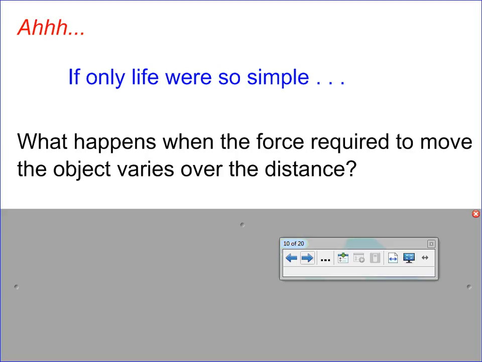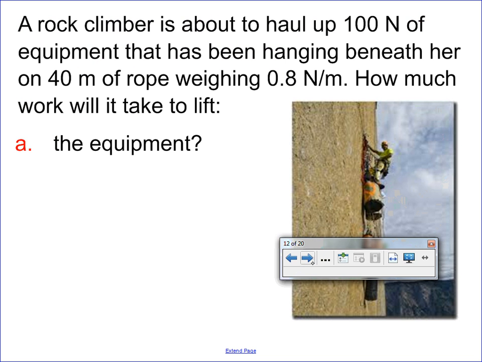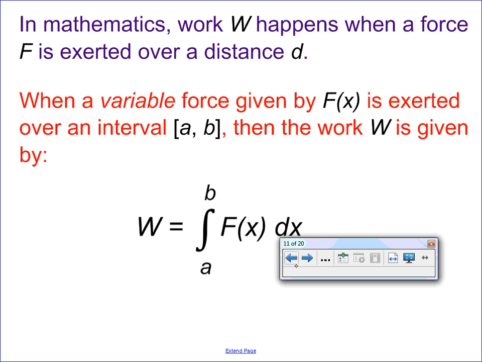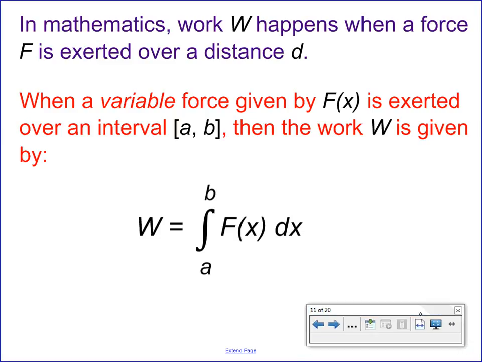So what happens when the force required to move the object varies over the distance traveled? Well, let's suppose that we were to take a look at just a small distance that we push that cart, call it delta x. If we multiplied that force that was exerted at that particular time by the distance that we push, and then sum up all of those little elements of work, we get the total energy expended in the course of the push down the hallway.